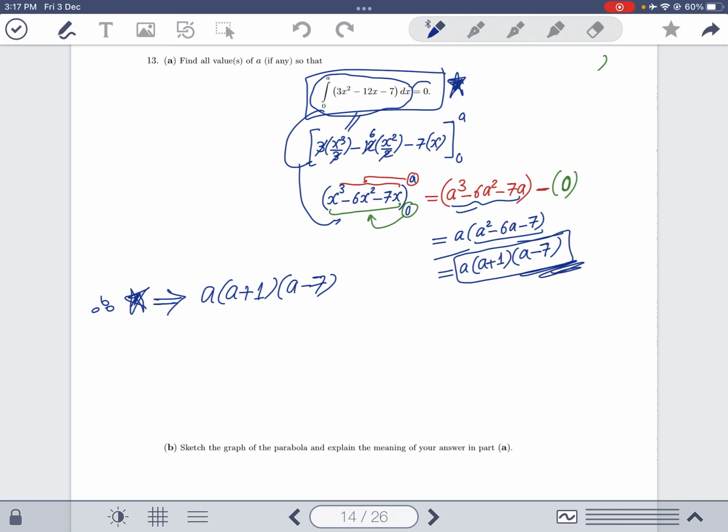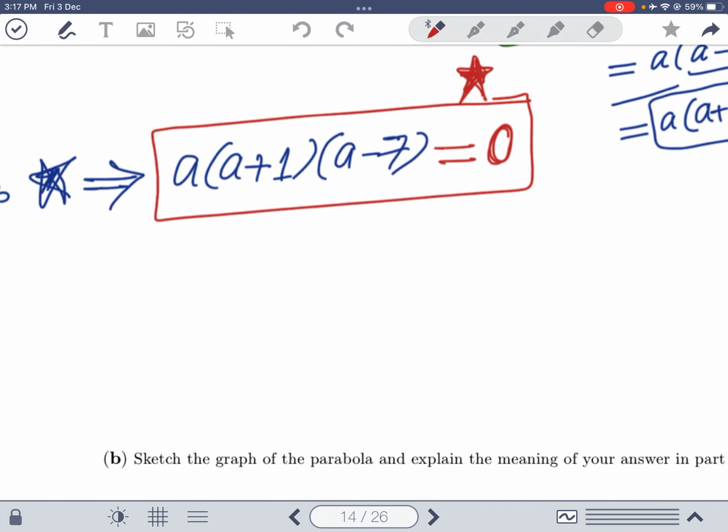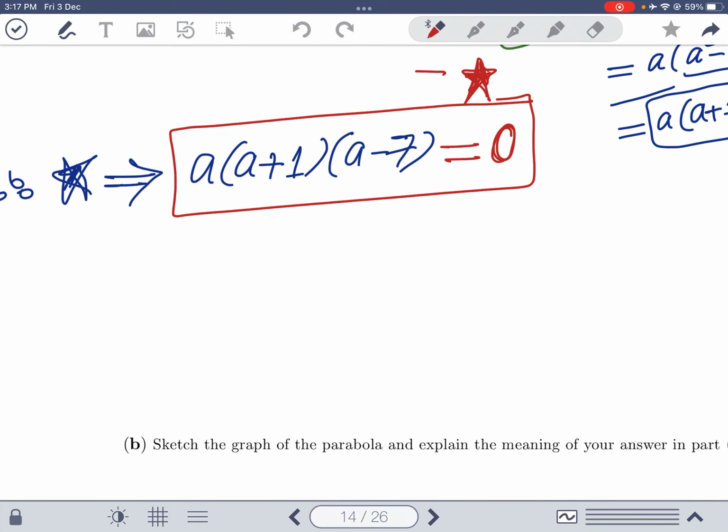And they want me to set it equal to 0. You see, at the end they wanted this equals to 0. That will be star. This is the same exact thing as star. You can replace star by this and you have said the same thing. This exactly is equivalent to star, because this is what the integral was.